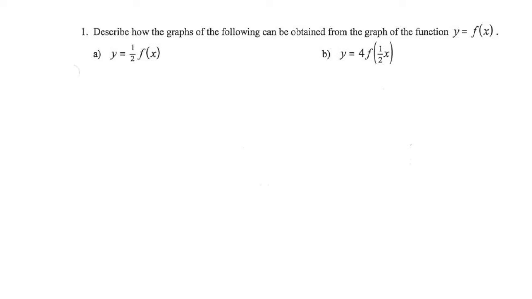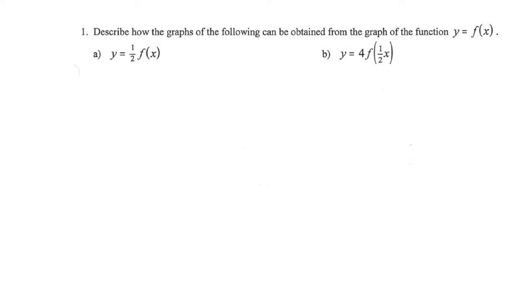So what we see on our last page then, there's the first problem. We've got: describe how the graphs of the following can be obtained from the graph y = f of x. So let's make sure that first off, we're good with our terminology, that we can talk about transformations properly. So let's walk through the first one together.